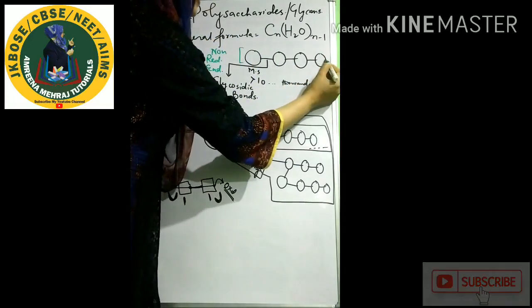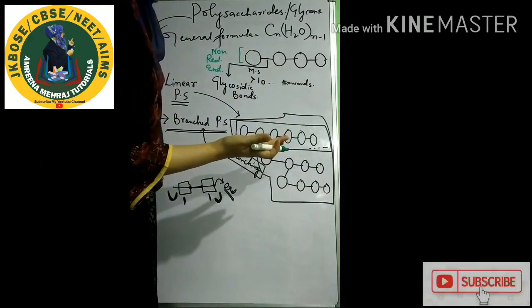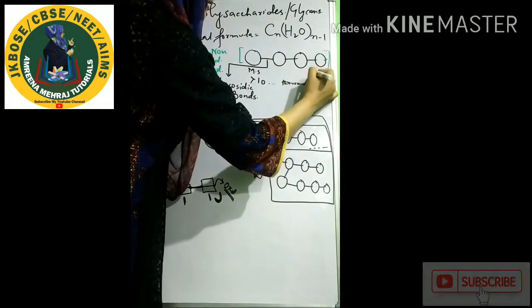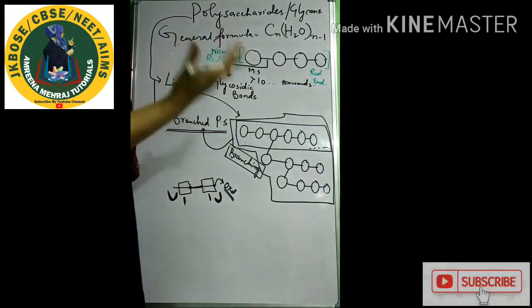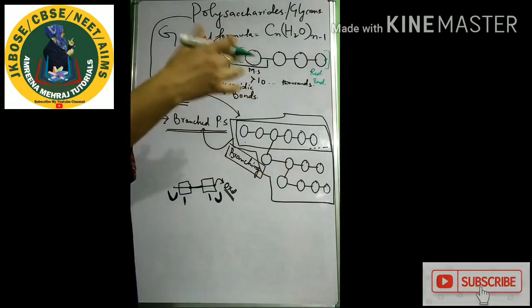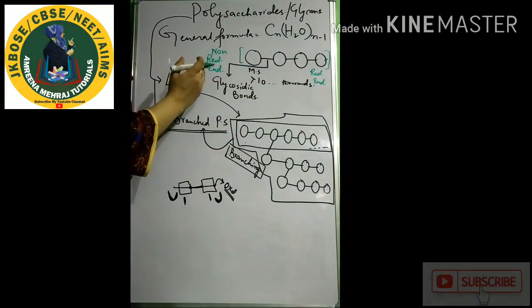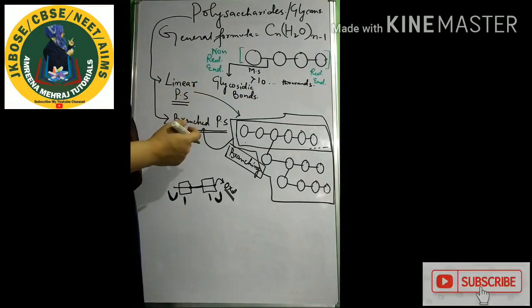Whereas if you look at this end over here, carbon number 1 is available for oxidation. That's why this end of the polysaccharide represents a reducing end. So polysaccharides are also polar. They show polarity. Polarity in terms of what? One end is the non-reducing end and the other end is the reducing end. So they are also showing polarity.